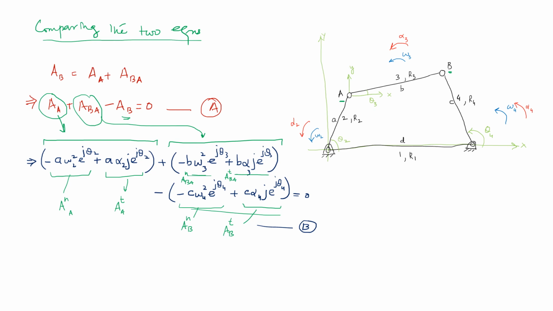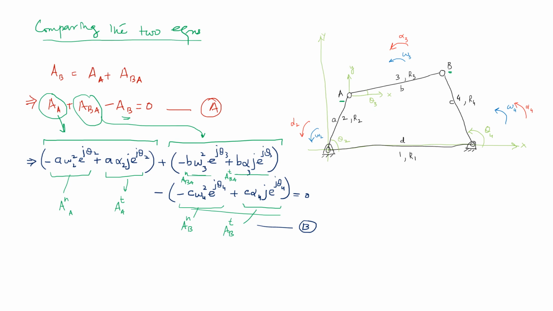So you can see that the vector loop equation has given you the same expression A, but now with a clear distinction that it has two components. The first one is the normal component, which is the centripetal part of it, and the other one is the tangential component, which is going to be 90 degrees rotated from the normal component.